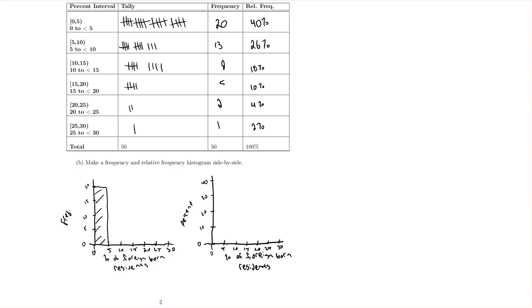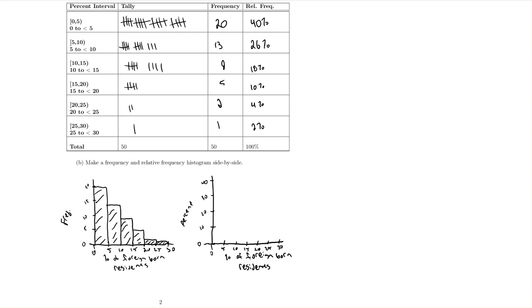The next one was 13, so I'm going to pick a bin that goes up to roughly 13 for the 5 to 10 category. Then we drop down to 9 for 10 to 15, so right around there. Then we go to exactly 5, to 2, and to 1. So this is roughly the histogram you end up with.